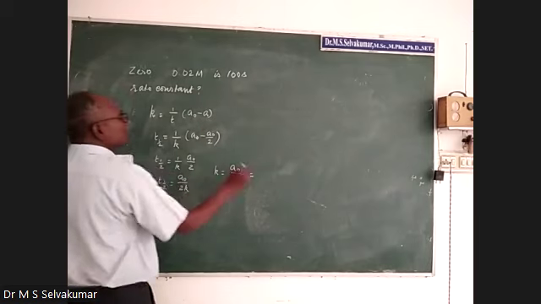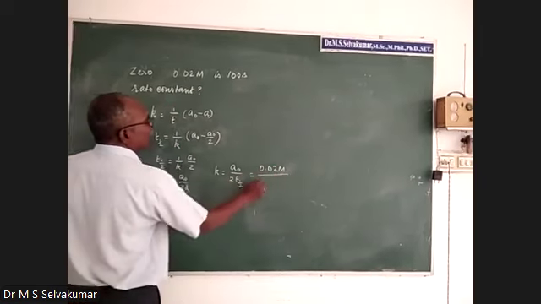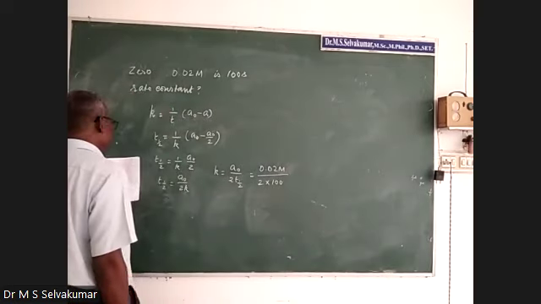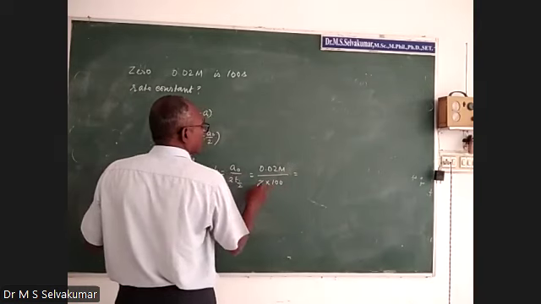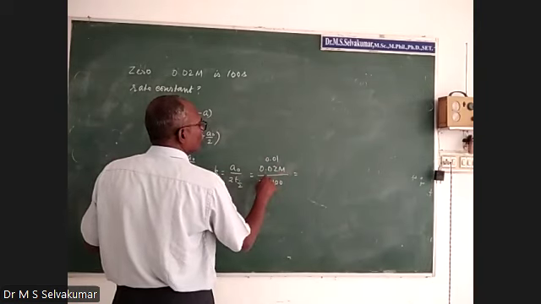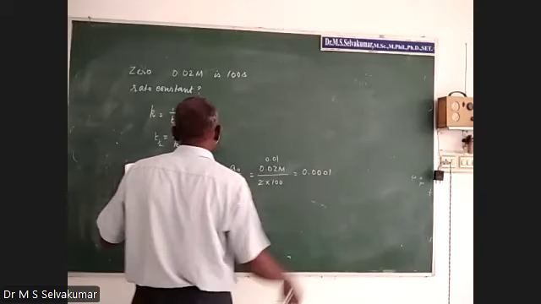So A0 is 0.02 molar divided by 2 times T half, which is 100 seconds. So this becomes 0.01 by 100. The point has to be shifted two more places.